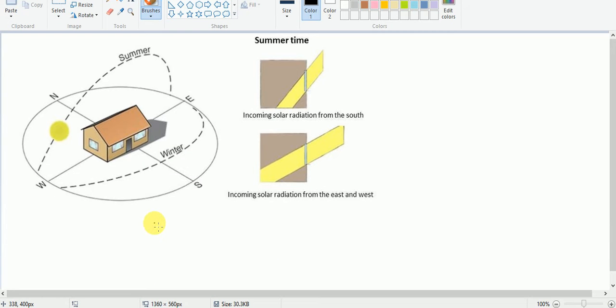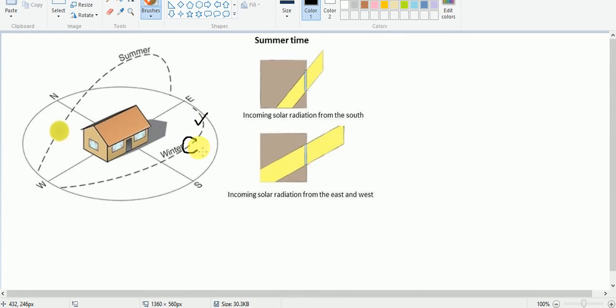So this is the path of the sun in the winter season.